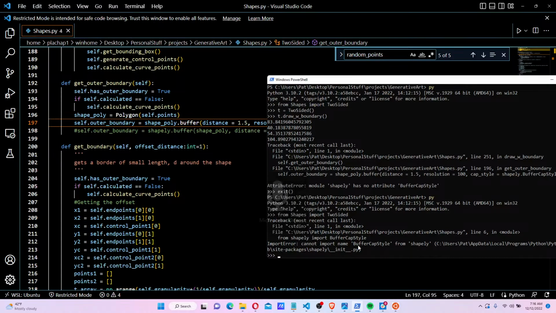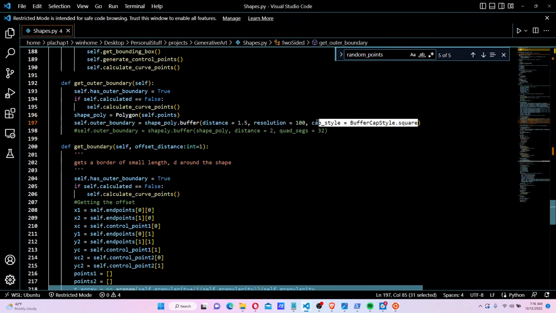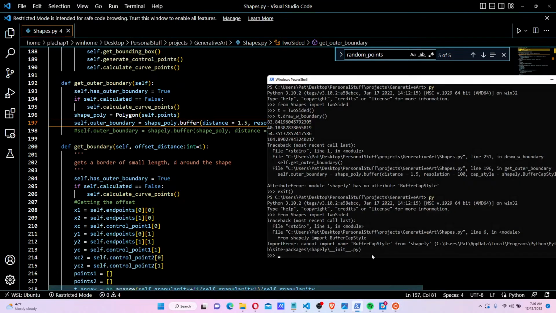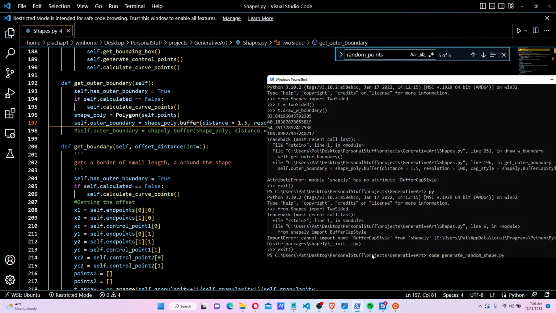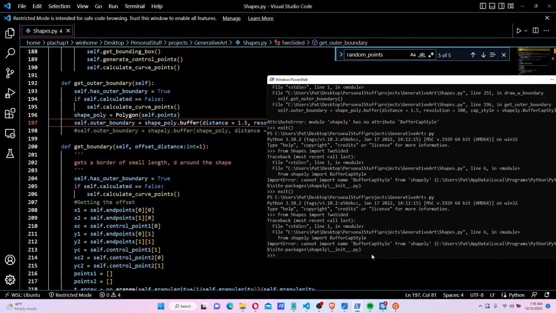Okay, now I'm back. I think I decided the buffer cap style is fine because I don't want it to be too sharp of a turn.